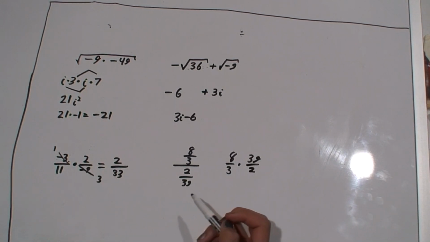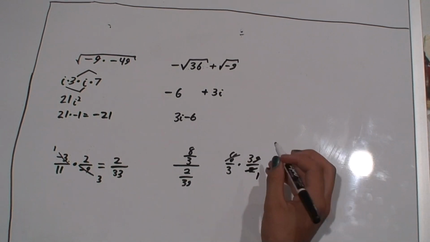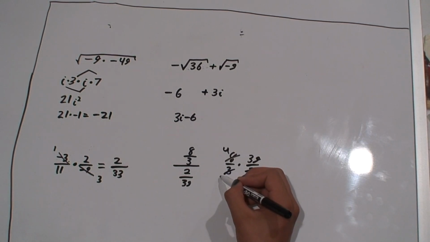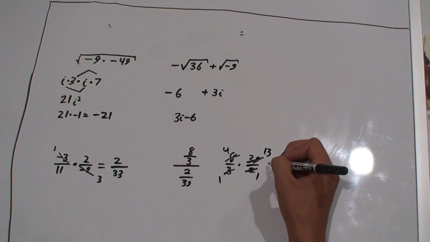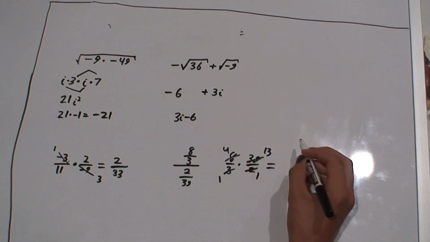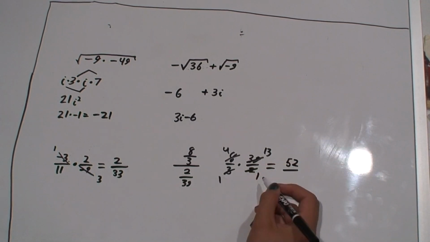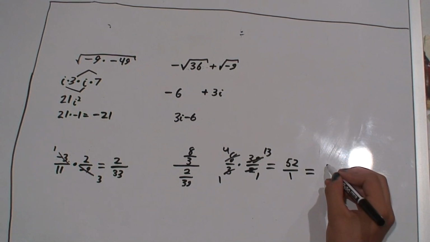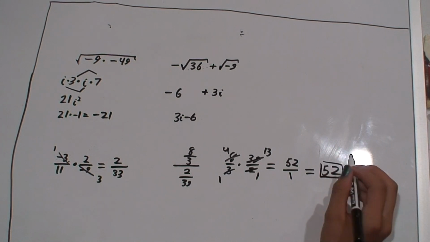Taking this, we can use the same trick we did before. 8 and 2, they are both divisible by 2. We have 1 and 4, and 3 and 39 are both divisible by 3, we get 1 and 13. So multiplying this together, we have 4 times 13, which is 52 over 1 times 1 is 1. 52 over 1 is the same as 52. And that would be our answer.